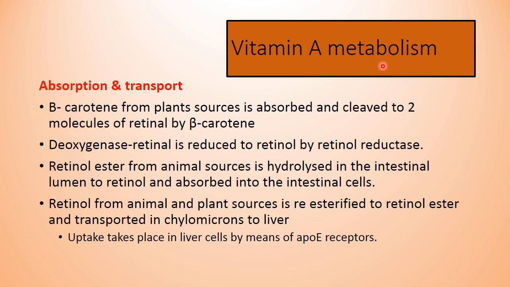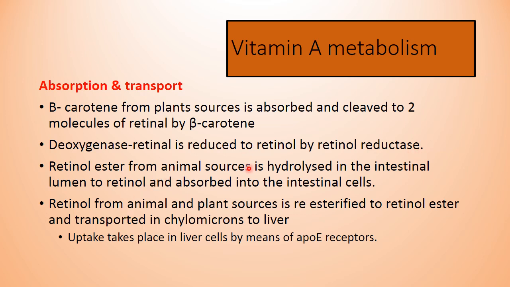Now we come to vitamin A metabolism: absorption and transport. Beta carotene from plant sources is absorbed and broken into two molecules of retinal by beta carotene dioxygenase. Retinal is reduced to retinol in the presence of retinal reductase enzyme.